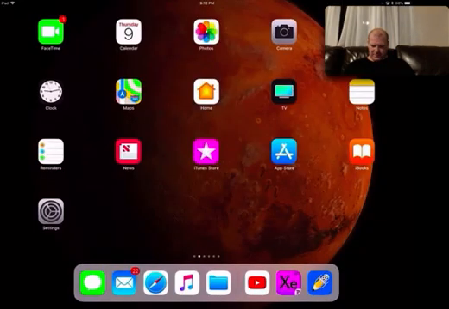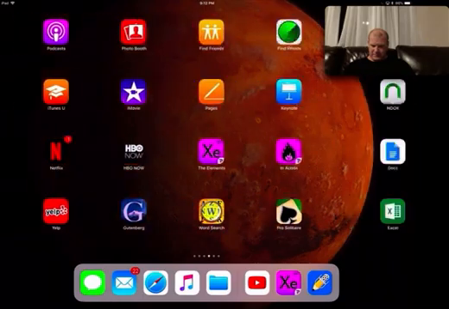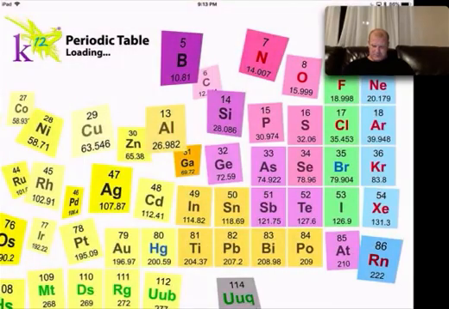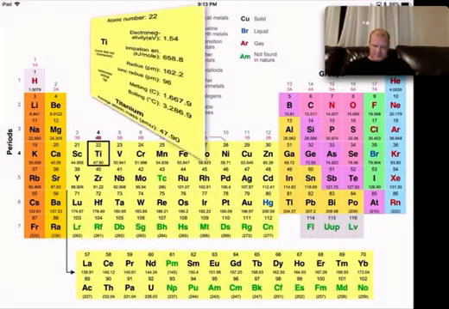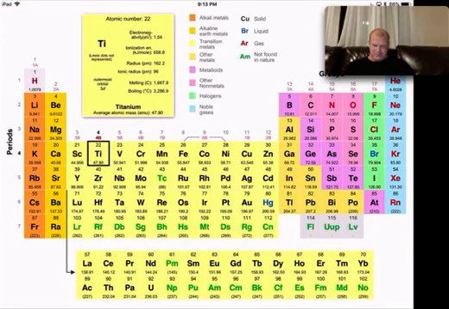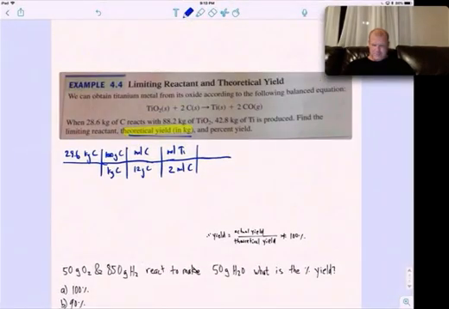I have to look at my periodic table to figure that out. It's loading. Titanium is 47.9. So 47.9 grams titanium per mole titanium, and then kilogram titanium, 1,000 grams.